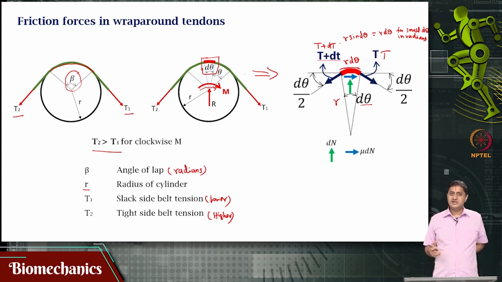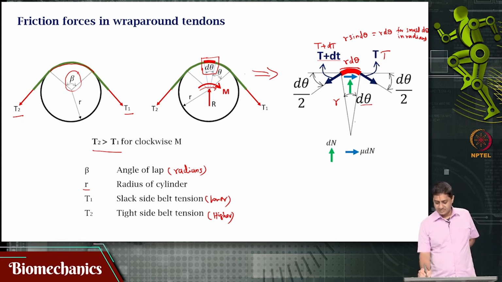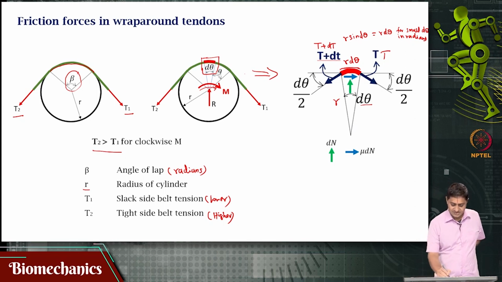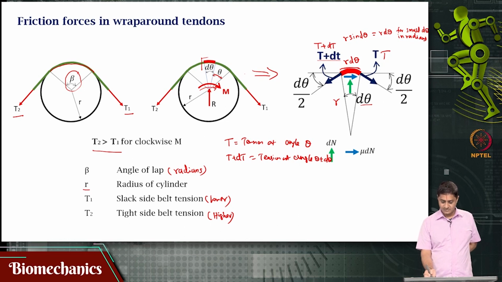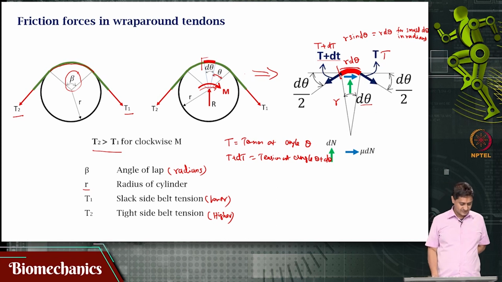As I mentioned, remember that angle has been marked to be theta. So, tension T is the tension at angle theta, T plus dT is the tension at angle theta plus d theta. Okay. That is the tension at that point after d theta.